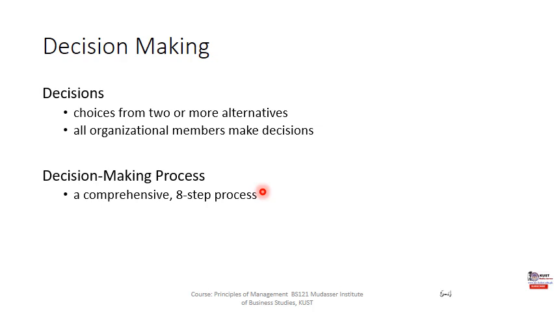Using a step-by-step decision making process can help you to make more deliberate, thoughtful decisions by organizing relevant information and defining alternatives. Basically, a decision making process consists of 8 steps. Now, what are those 8 steps? We're going to discuss in detail.